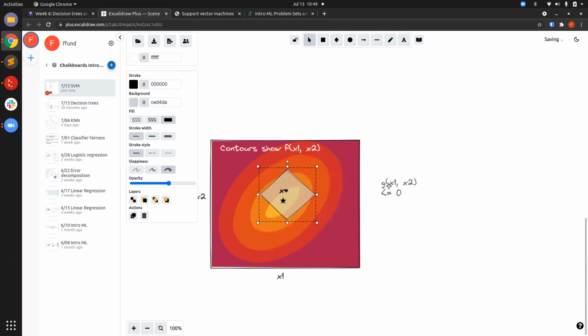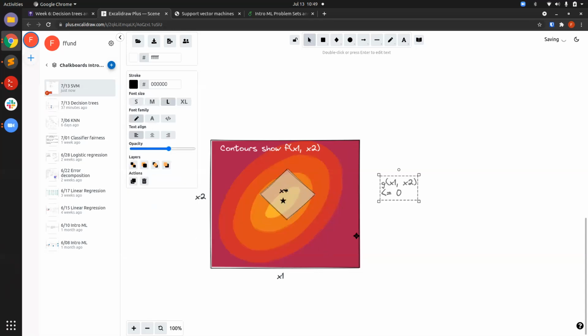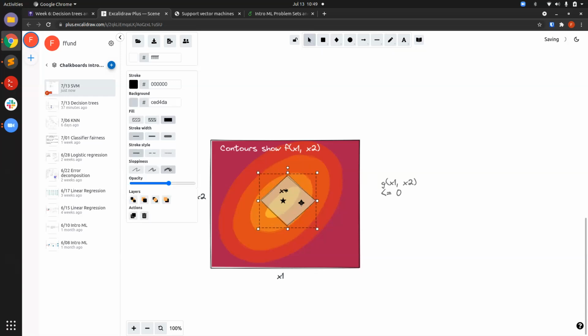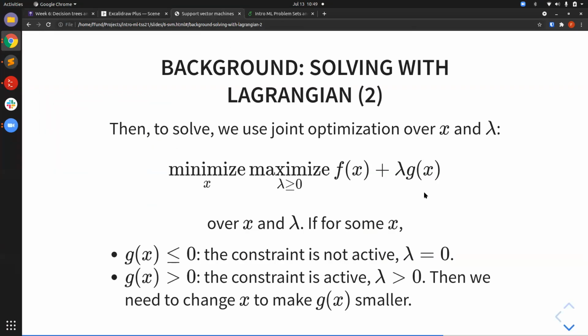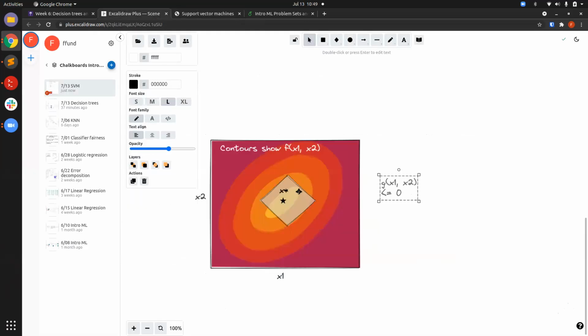Let's say I have this. The contours show f of x, and this rectangle shows the feasible set. Now, I want to maximize this quantity by setting lambda. What is g of x? Let's say I pick this point. I want to see whether it's optimized or whether I can improve it.